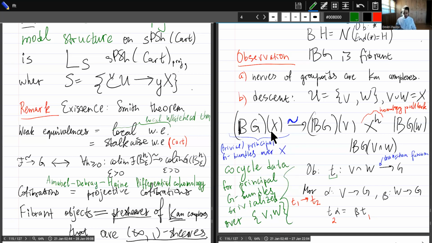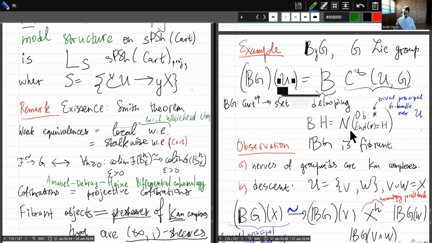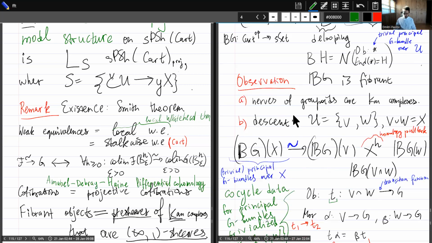And the nice thing about this definition is that in the same manner you can define a principal G bundle not just over a smooth manifold, but over any X that is an object in your category of simplicial presheaves. And you think of such simplicial presheaves as geometric objects, and you can start mapping them into BG.